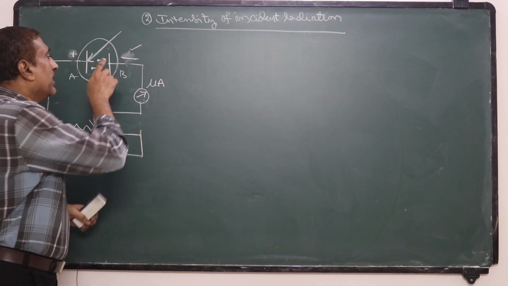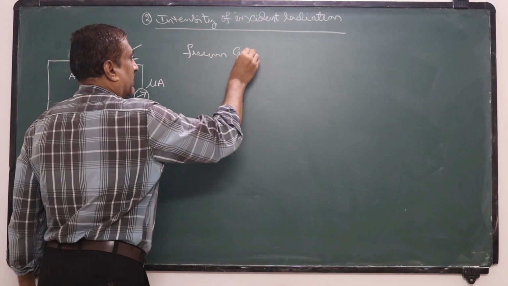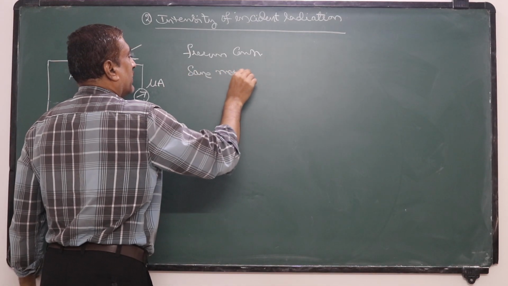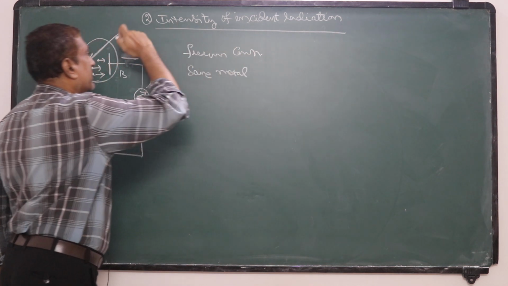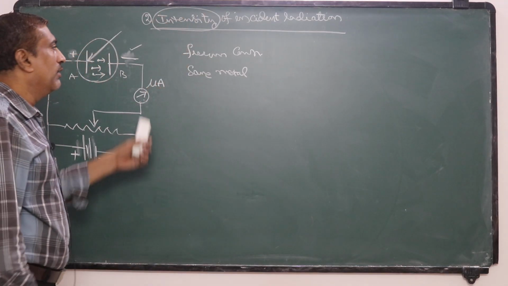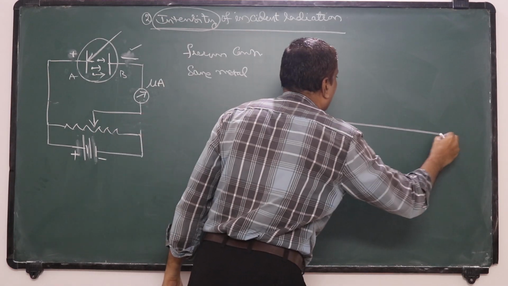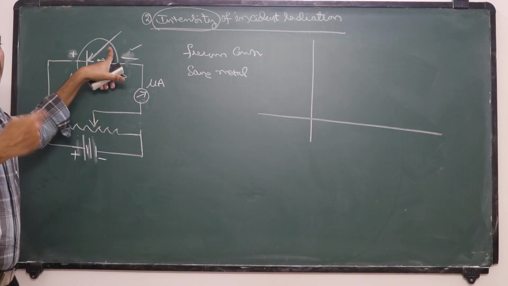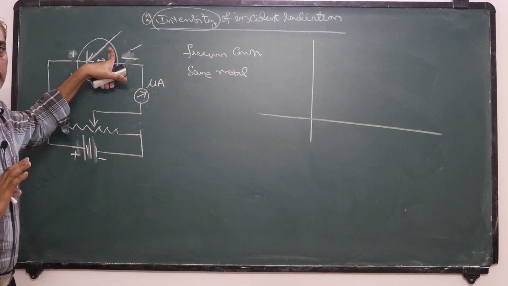So now, keeping the frequency of radiation constant, and the same metal, that means without changing the photometal or the frequency of incident radiation, but changing the intensity of radiation, it is observed that if the intensity of light is increased, then the photoelectric current also increases.